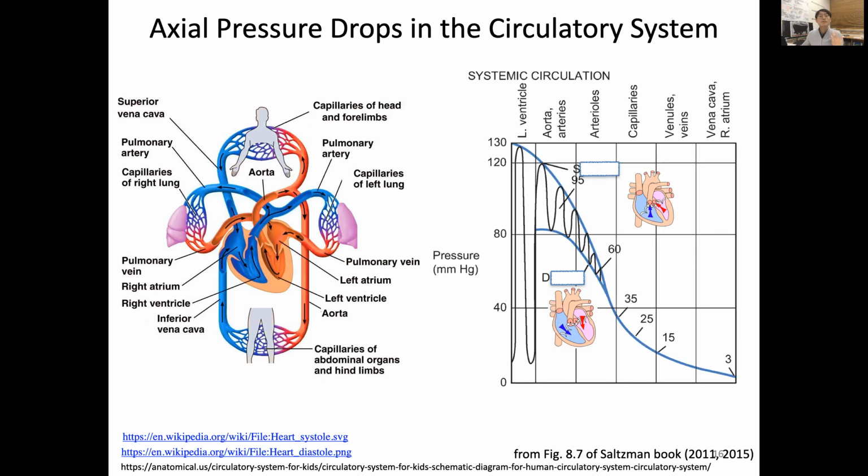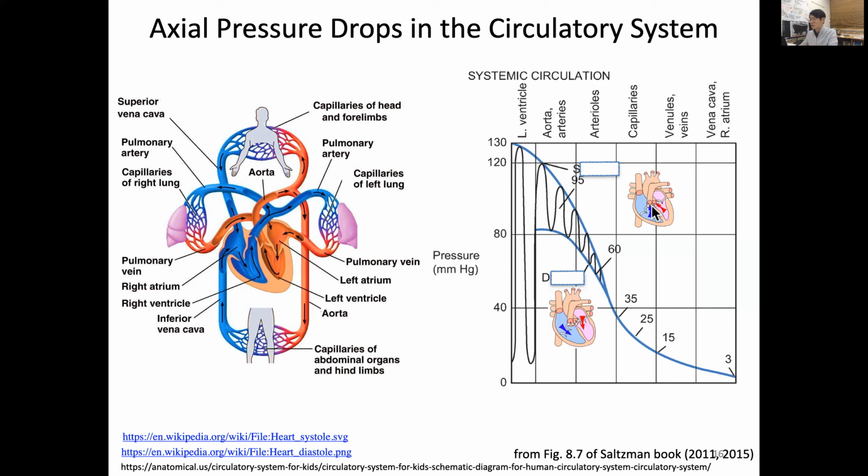So what about the pressure distribution? The left ventricle contracts and expands, contracts and expands. Because of that, the pressure goes up and down, but the normal pressure is 80 to 120 and it goes down. It is high when the heart is compressing.